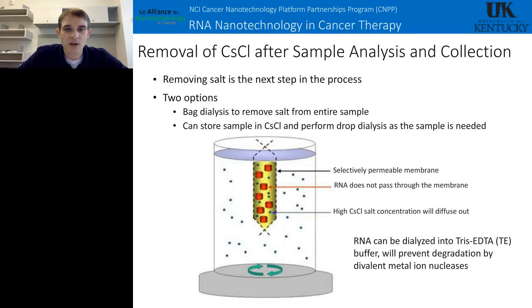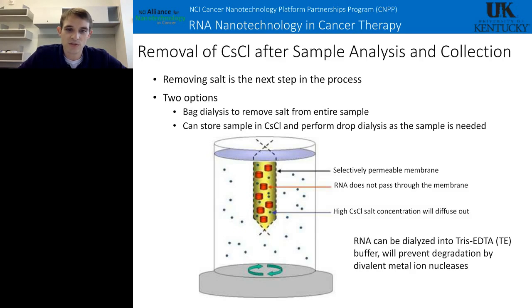After sample collection, you want to combine all your particles. Now this is an important step: you need to remove the cesium chloride from your sample, because for us it will affect the salt concentration, and it definitely affects the assembly process and the yield of assembly for our nanoparticles. There are two options.